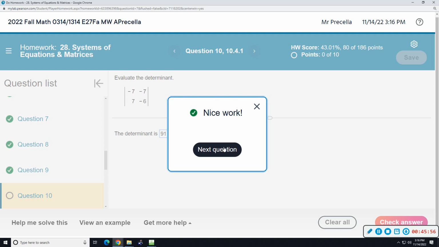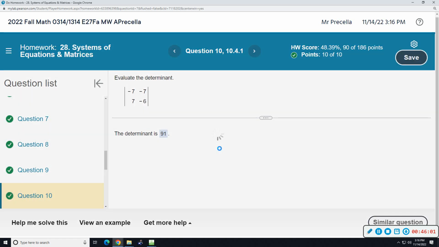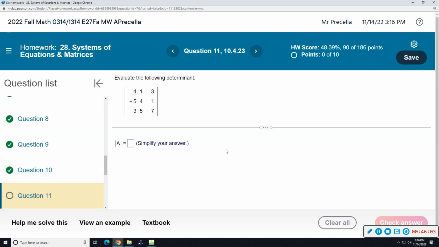Y'all caught up? How are we doing on time? Oh, okay. Well, there'll be another one similar to number 10 in a little bit. Okay, this one has 3 rows and 3 columns.